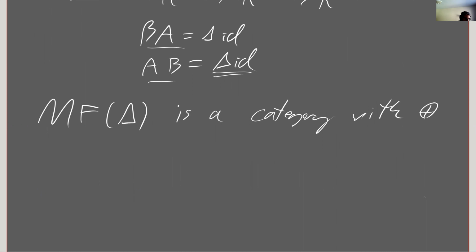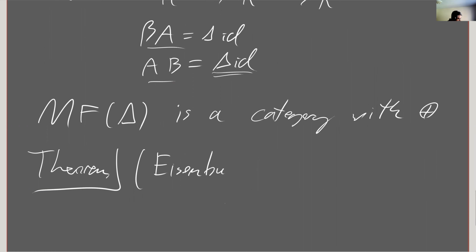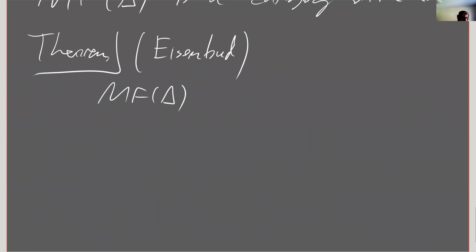Okay, so one of the reasons matrix factorizations are important is the following theorem of Eisenbud. Matrix factorizations of delta. Delta doesn't have to be the discriminant, just any function, where we're going to mod out by the category generated by morphisms that factor through this.